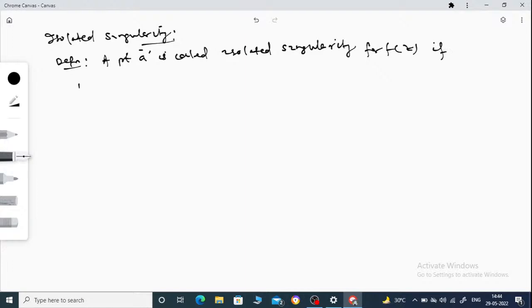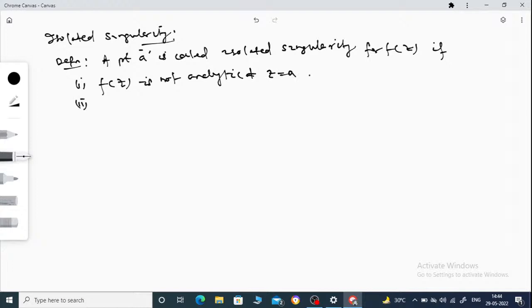A point A is called an isolated singularity for f of z if it satisfies two conditions. The first condition is f of z is not analytic at z equal to a.